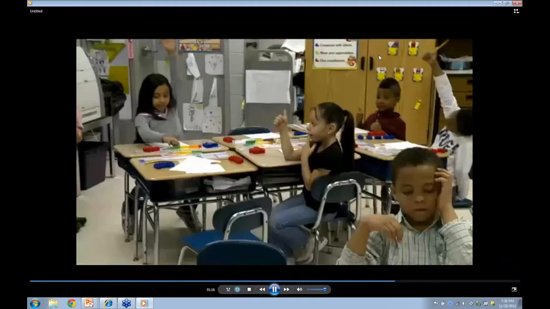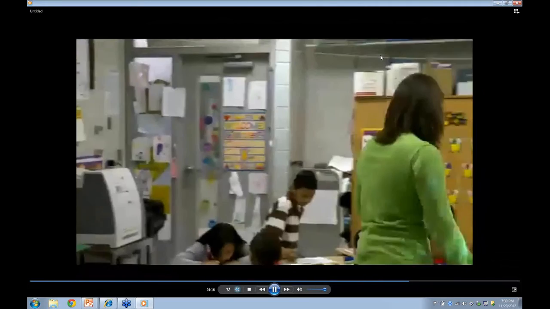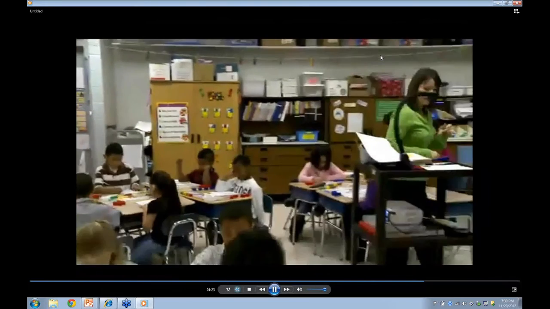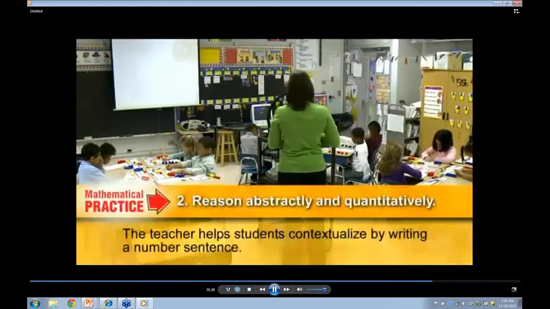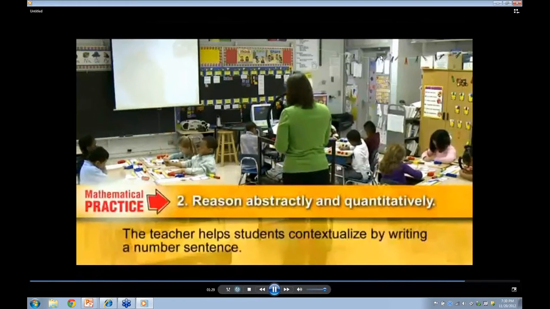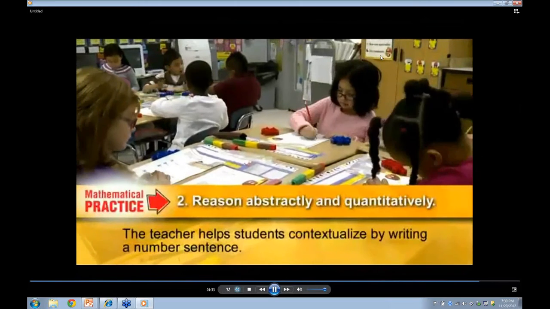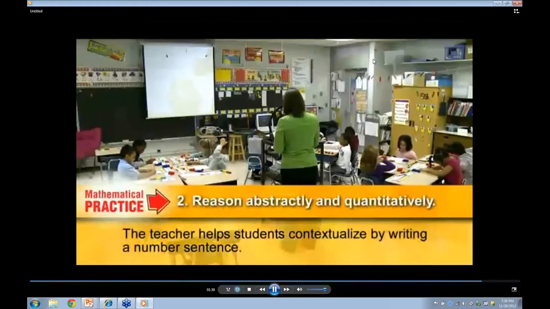Thumbs up, do we agree? All right, good job, thank you. Have a seat. Number 1, let's write a number sentence. So our number sentence for number 1 is going to say 7 plus 1 equals 8.